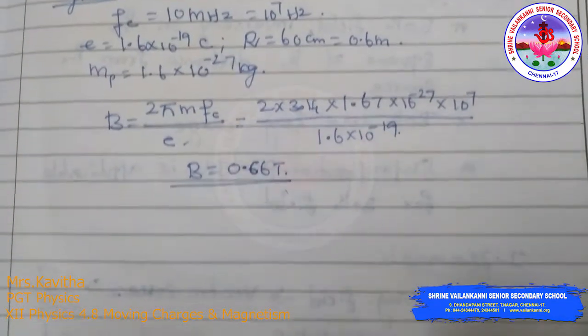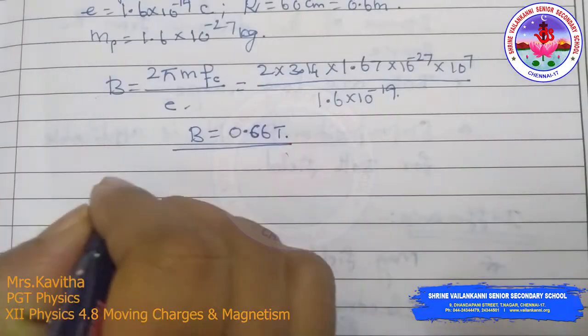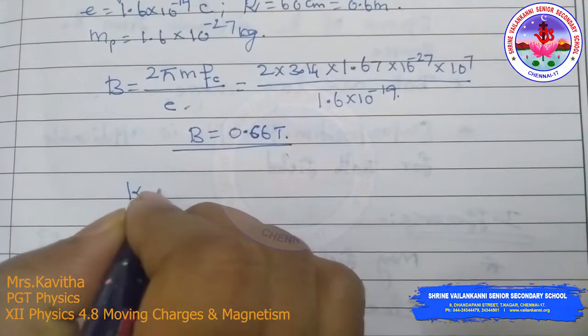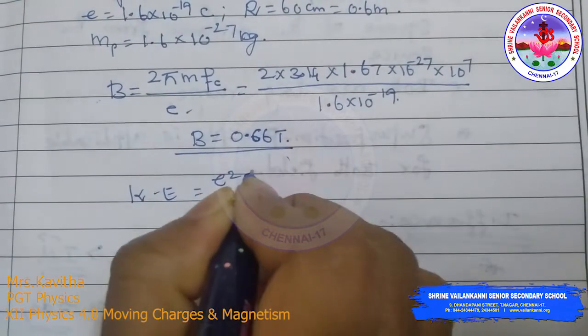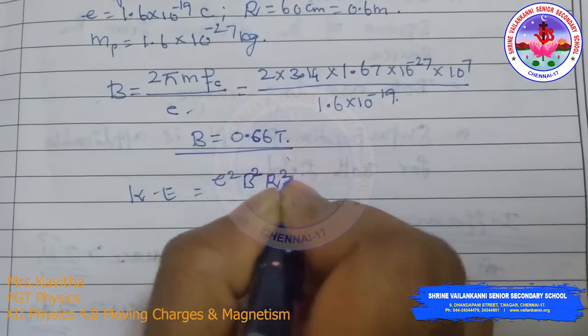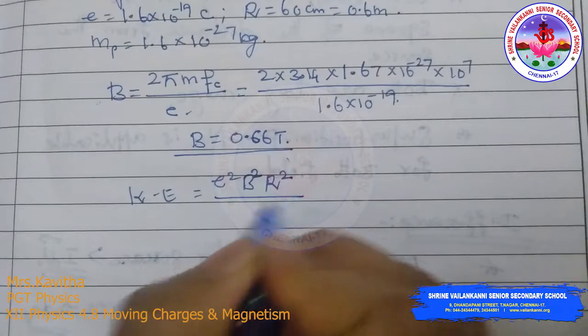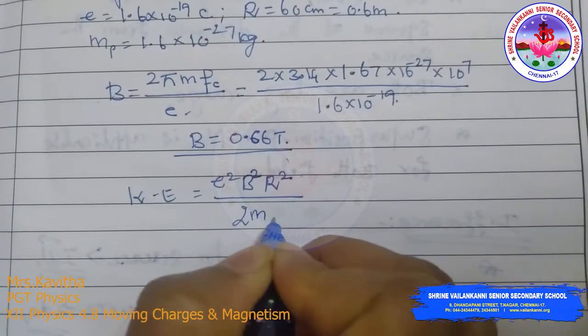See, the kinetic energy they asked. The kinetic energy K is equal to e square B square R square by 2m.